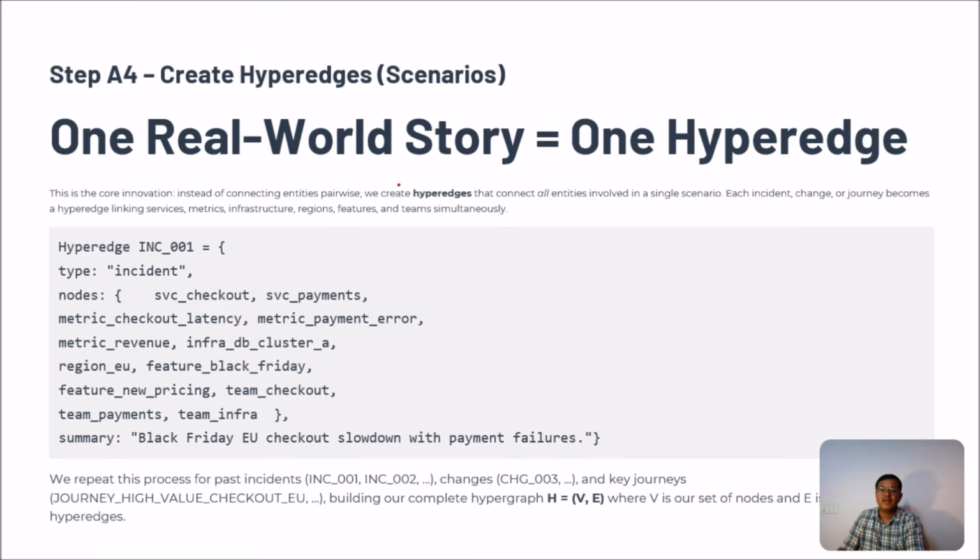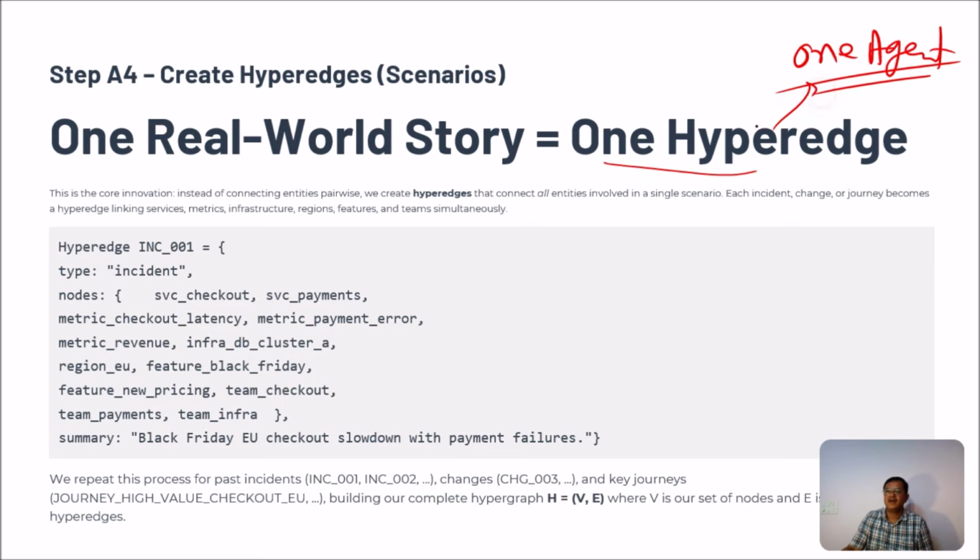Now what will a real story look like? One hyperedge means one story, as you are already informed, and each hyperedge will be one agent. Each agent will be connected to each other like we connect hyperedges in the graph, like A1, A2, A3.